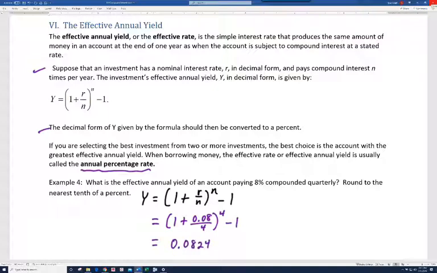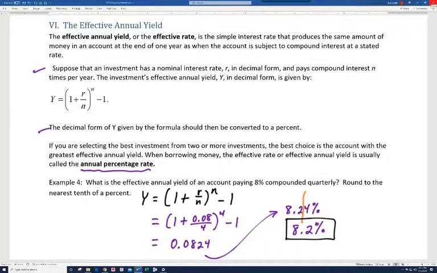And so you get 0.0824. Remember, we want to write that as a percent. So that's 8.2%. But it does say that they want you to round to a tenth of a percent. So basically stop right there. Since a 4 comes next, we'll leave that 0.2 alone. And so our answer is 8.2%.